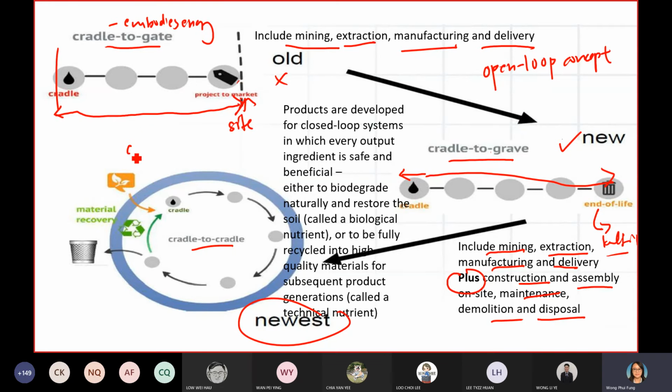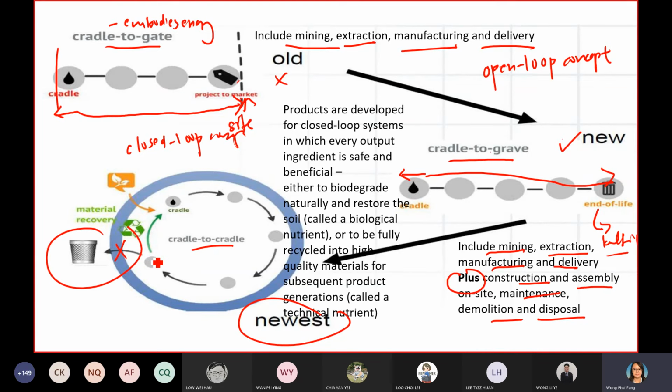That's why we need a closed loop concept, which is called cradle to cradle. Cradle to cradle is actually quite similar to cradle to grave, but cradle to cradle aims for no trash, no waste sent to landfill.